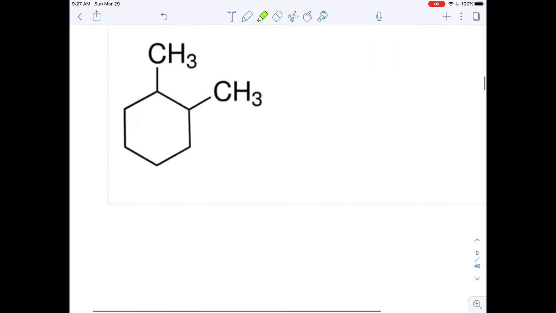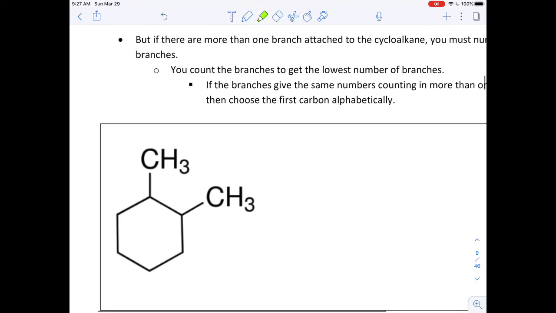But if we had 2 branches, with a methyl on 2 different carbons, this one needs to get numbered. It's going to be a cyclohexane because it's got 6 carbons in the ring, 1, 2, 3, 4, 5, 6, and then it's got methyls coming off 2 of them.